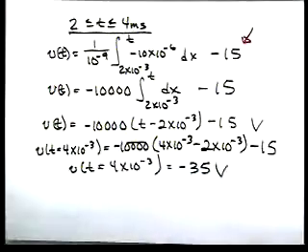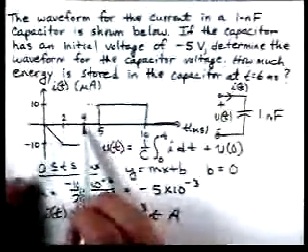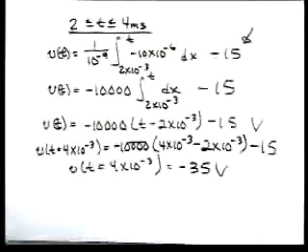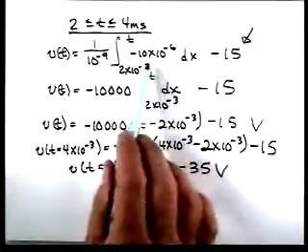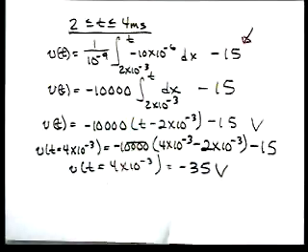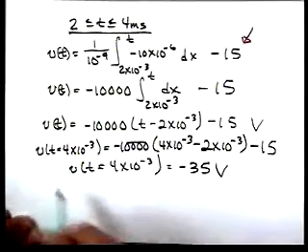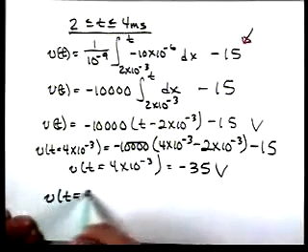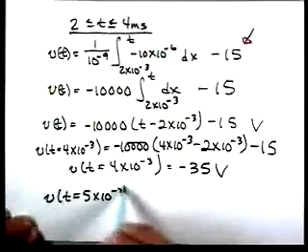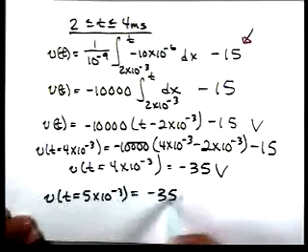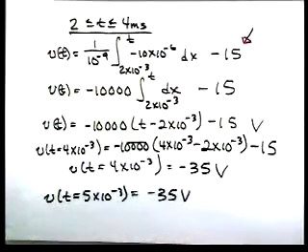Now we're going to use that for the next interval, but the current's 0, so this term is going to be 0. So V of t at 5 milliseconds is also going to be minus 35, because there's no current flowing through the capacitor during the interval from 4 to 5.